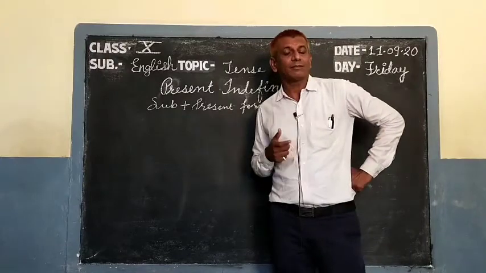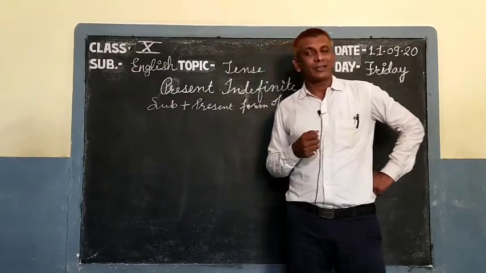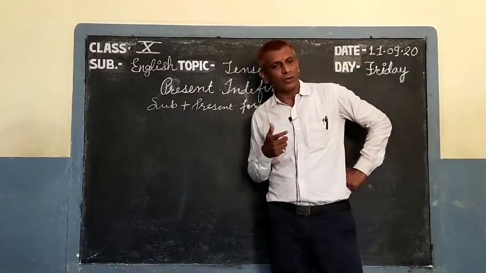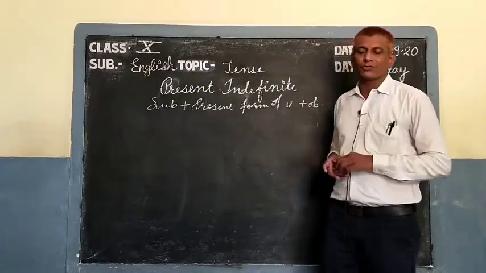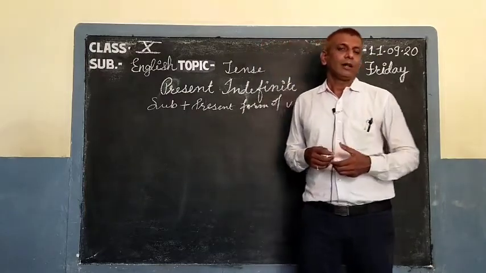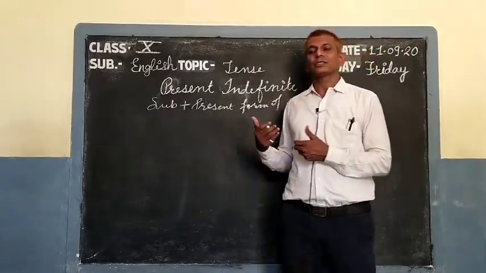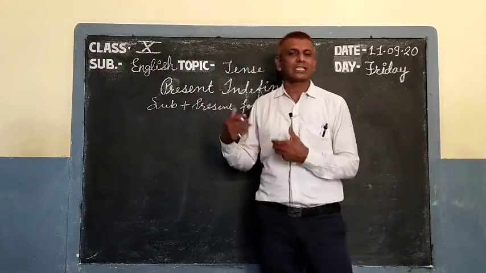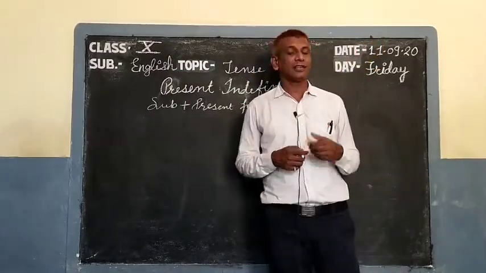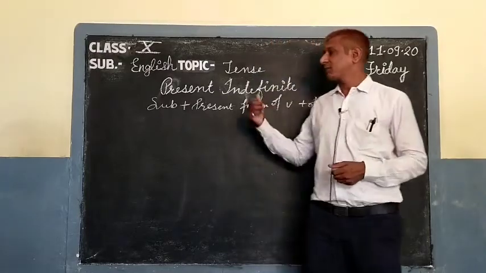In exams you are given an exercise to fill in the correct form of the verb. So how can you identify which verb to use in the blank? For that you must know the identifying words which tell you this is the present indefinite tense, so you can fill in the present indefinite verb.